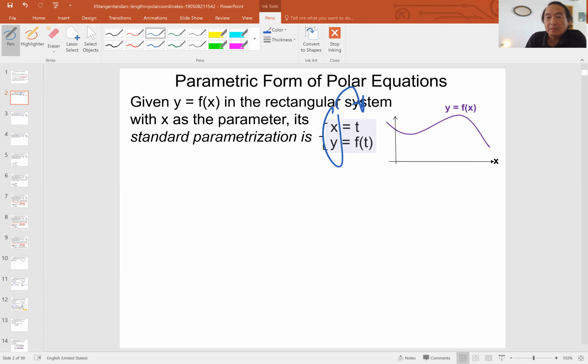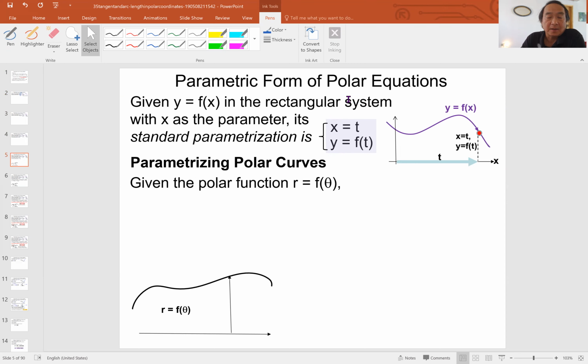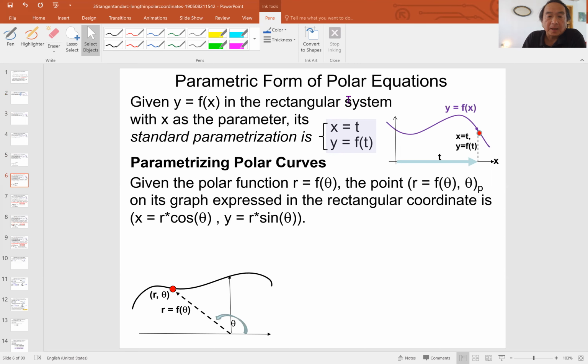In polar coordinates, the variables are r and theta. Theta is the angle, and r is the distance out to the point, and we want to find the x coordinate and the y coordinate of these points, and express them in terms of theta only.